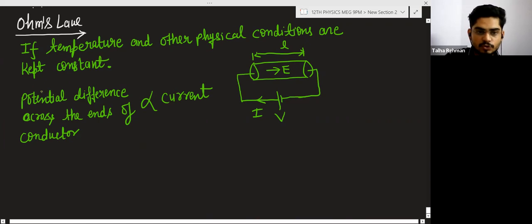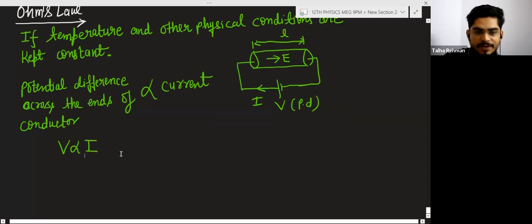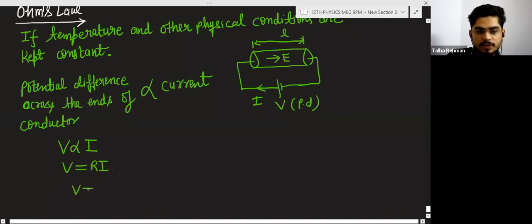Okay. So the potential difference is directly proportional to current, and when you remove this proportionality sign, you will get a constant: V is equal to IR.